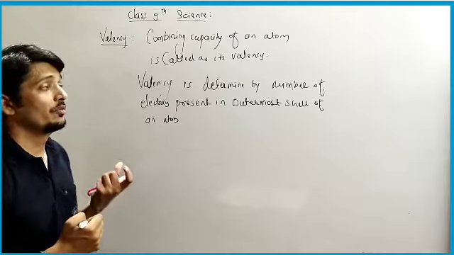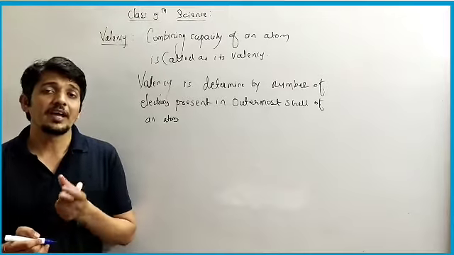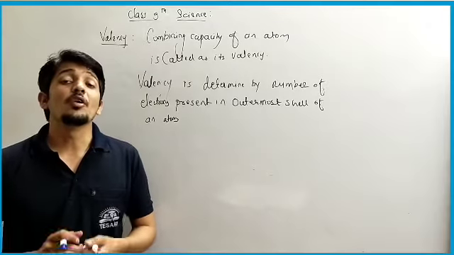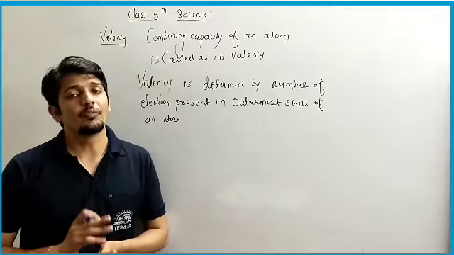Okay, so valency is the combining capacity of an element or atom, and it is determined by the number of electrons present in the valence shell, or you can say the outermost shell of an atom.